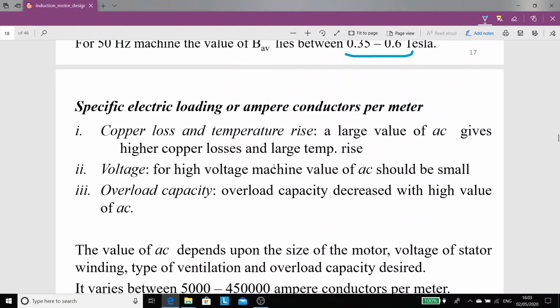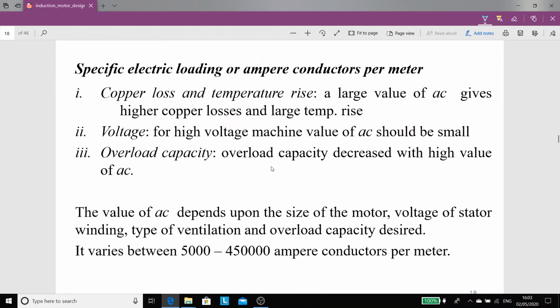Now, similarly, there is the effect of specific electric loading. If I increase the specific electric loading, either the number of conductors increases or the current in the winding increases, and in both cases it tends to increase the copper losses in my motor.